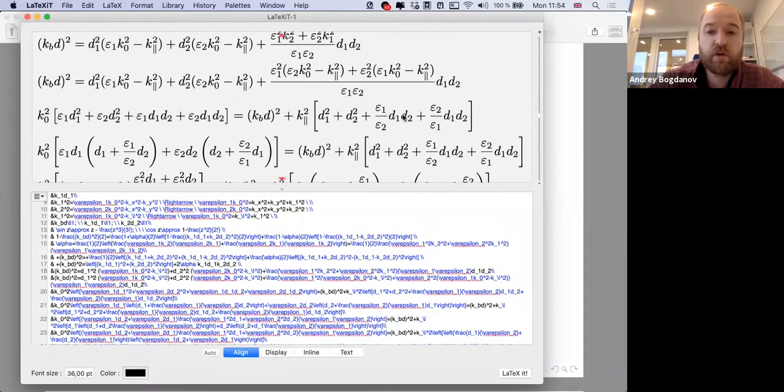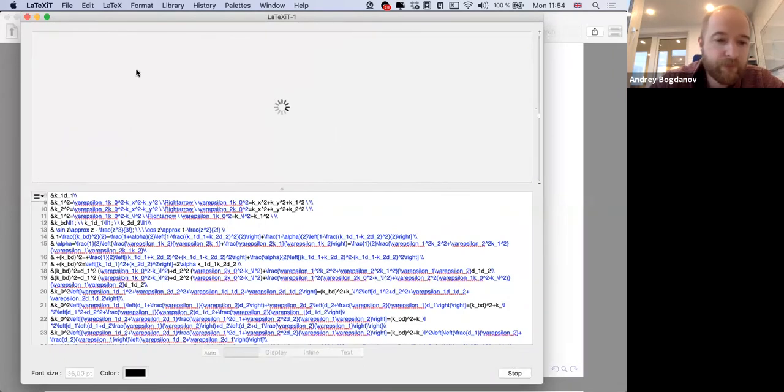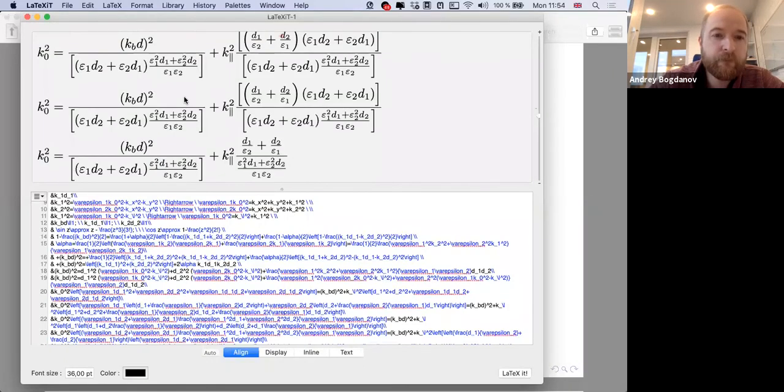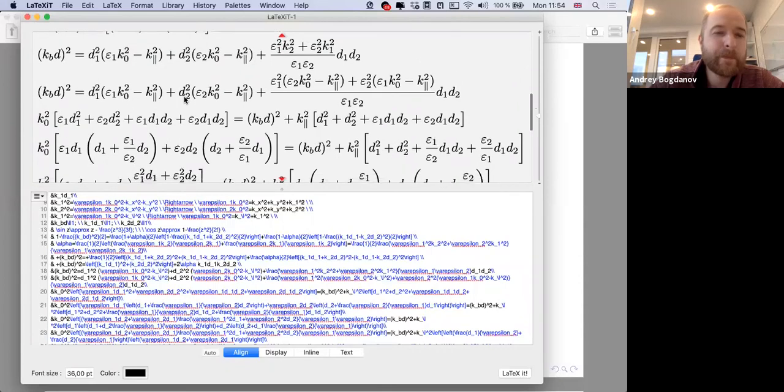This term comes from this one. So here I also should write at the right part d1, d2, and here no fraction. Just epsilon 1. And here also no fraction, just epsilon 2. Okay?